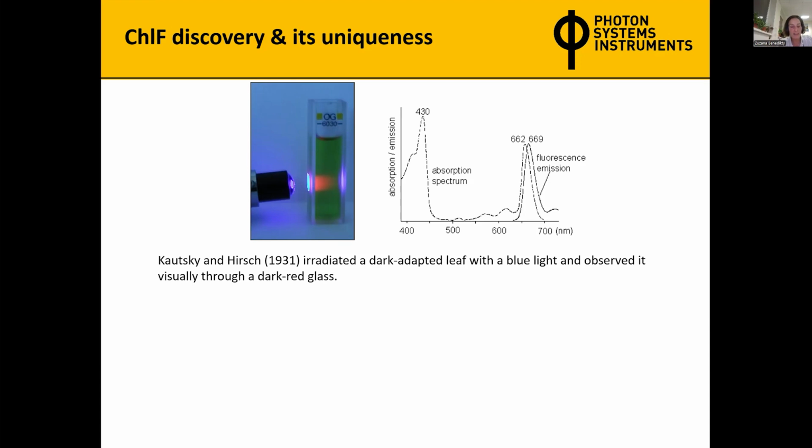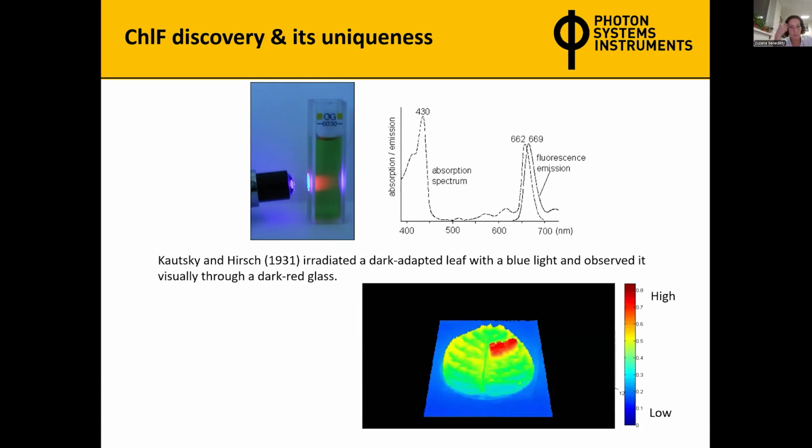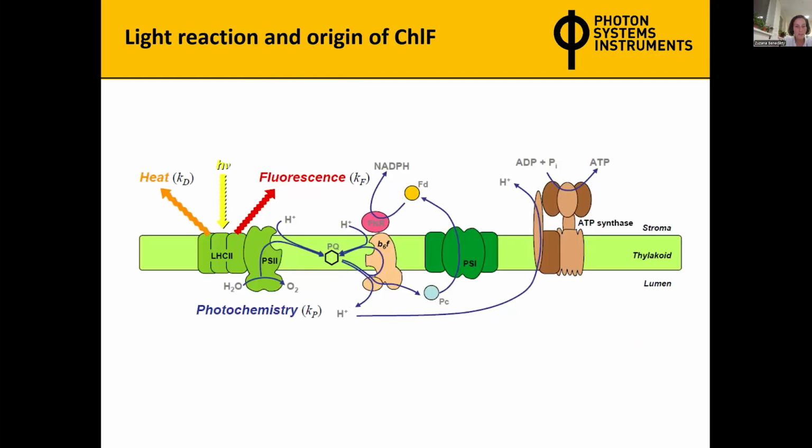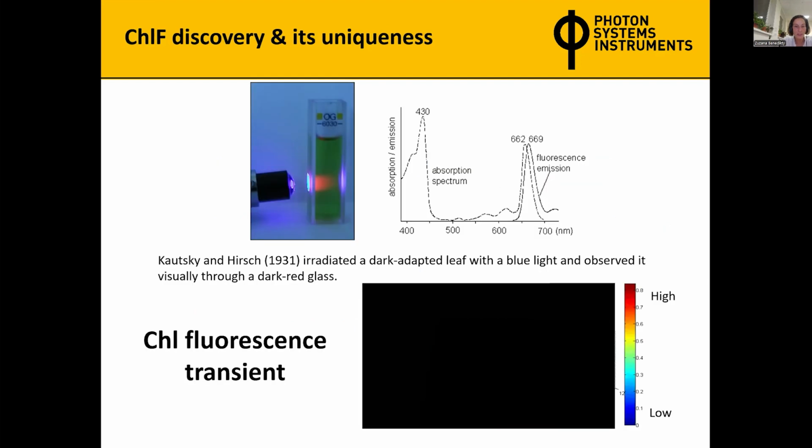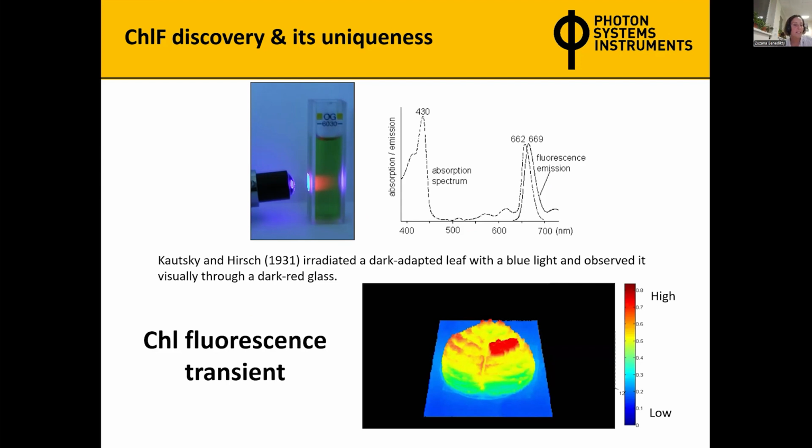And what they saw was chlorophyll fluorescence, but moreover, and hopefully it's visible, this is a video, it should be visible. You can see the glow. You can see it's not steady state. What they found out was that chlorophyll fluorescence is not a steady state signal.